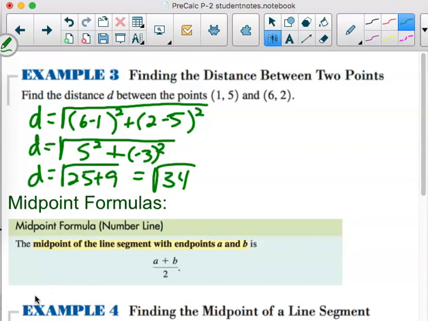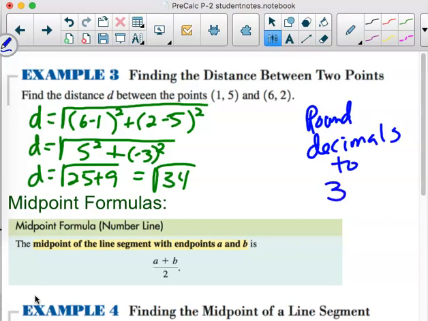Now, let's just say this is on a test, and it won't be, but let's just say this is on a test in the future where it says, round your answer. At the pre-calculus level, we always round our decimals to 3 decimal places.